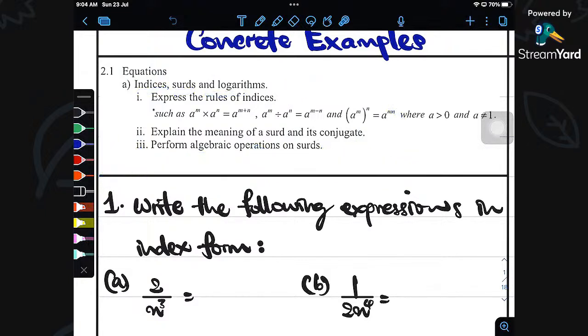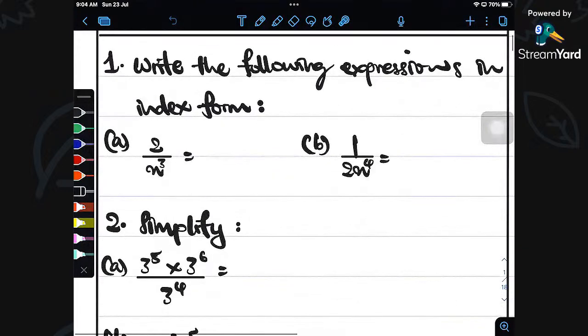Without wasting time, let's just move forward with the first example here. Write the following expression in index form. So index form ini in Malay we call it bentuk index ataupun kita panggil dia sebagai hukum index. Okay, you must recall back what you have learned from your school.